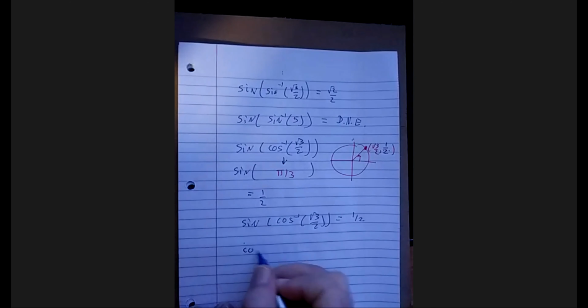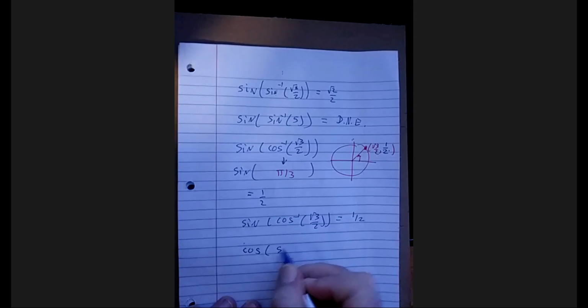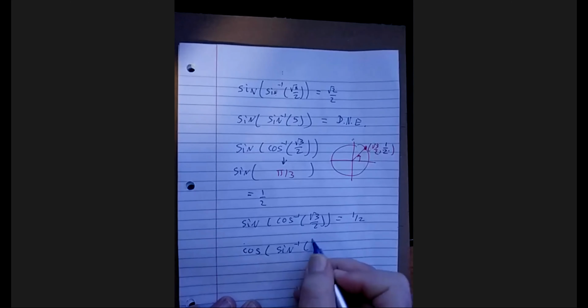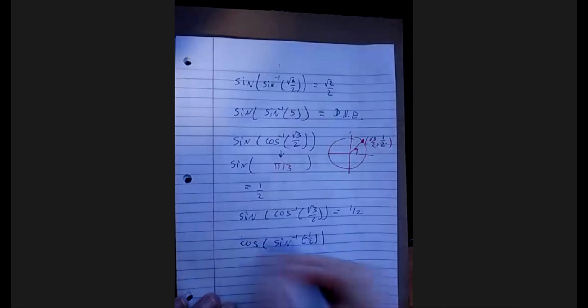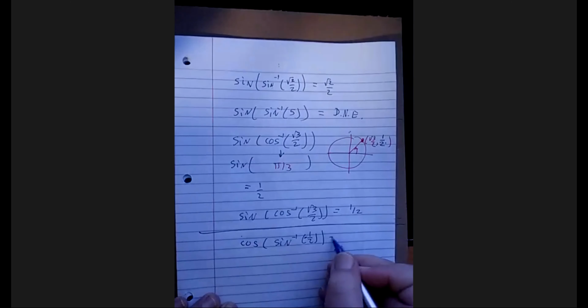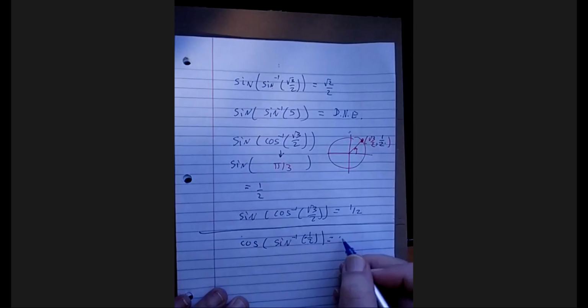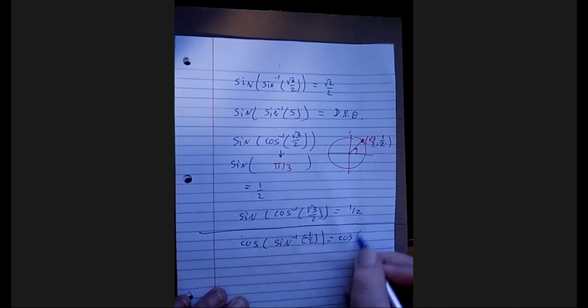What about the cosine of the inverse sine of a half? Oh, let's make it negative. Make it trickier. So it's going to be the cosine of somebody, right?